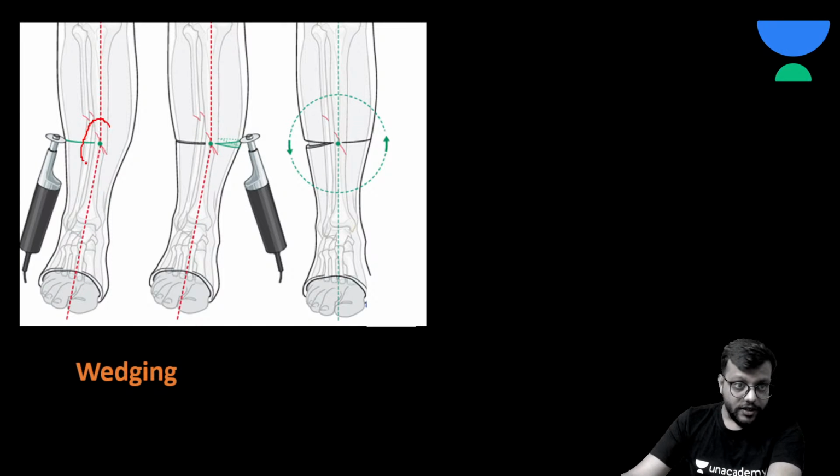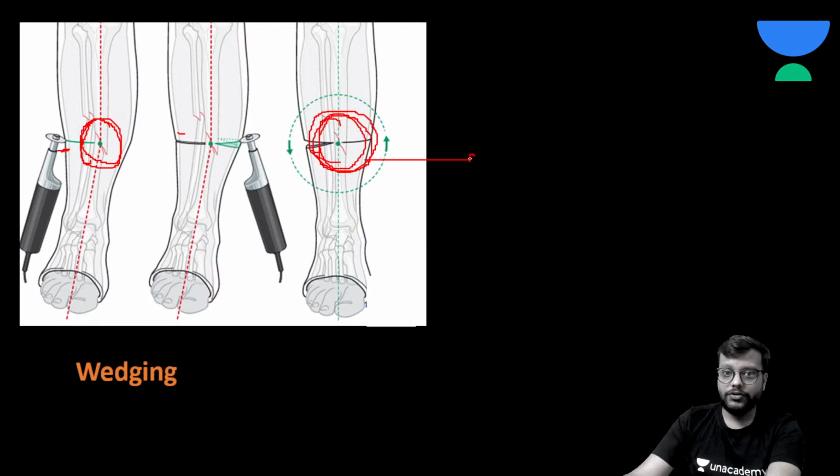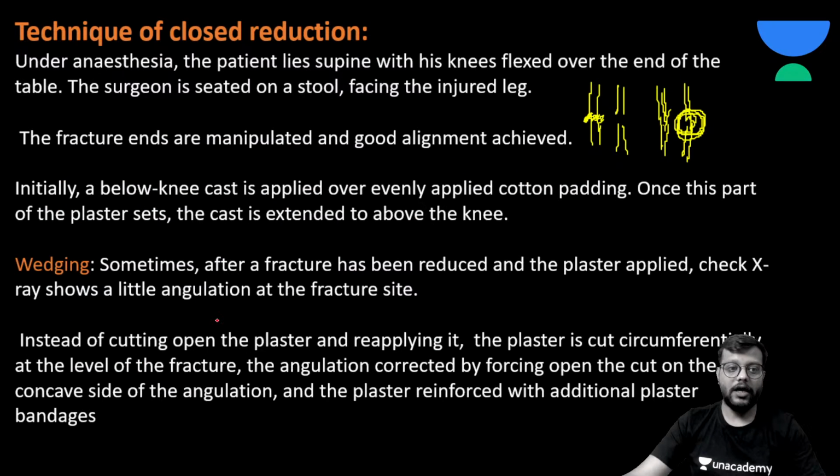Okay, see here, you can see there is wedging here. So wedging का जो concave side होता है, that is this side, यहाँ से you open the slab, you cut the slab like this, and then you reduce this wedged portion of the leg bone.